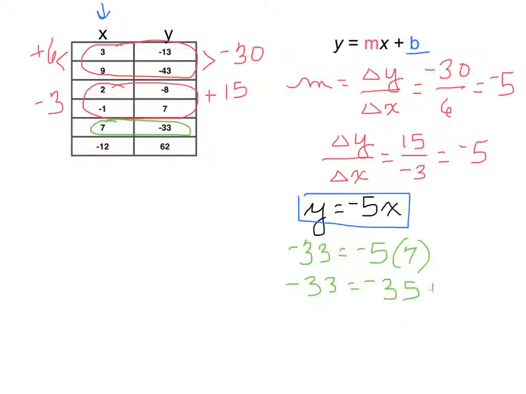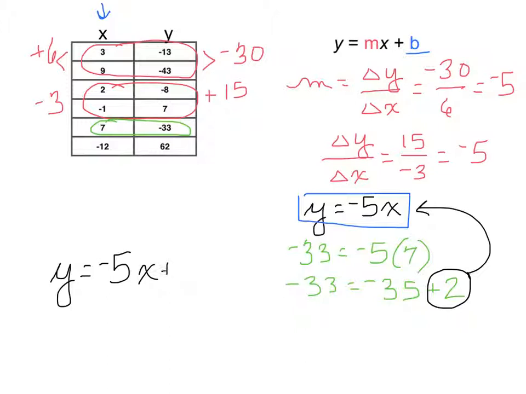Well, you want to add a +2. That +2 is your y-intercept. You want to plug that back into your equation. You now know that the equation for this table reads y is equal to -5x plus 2.